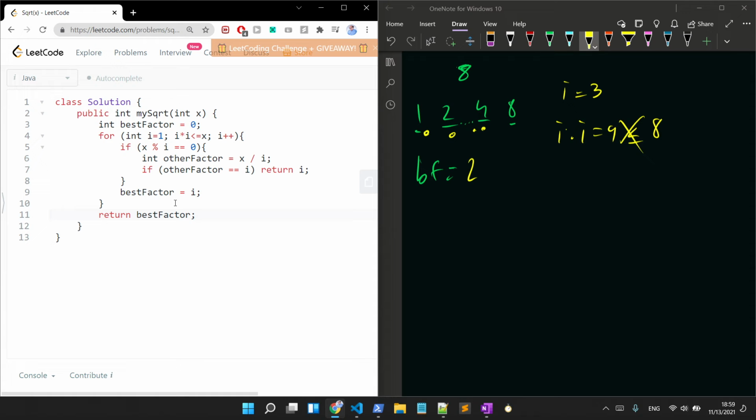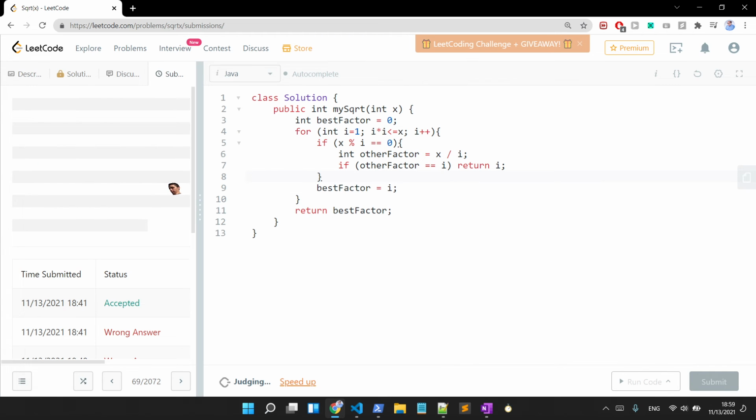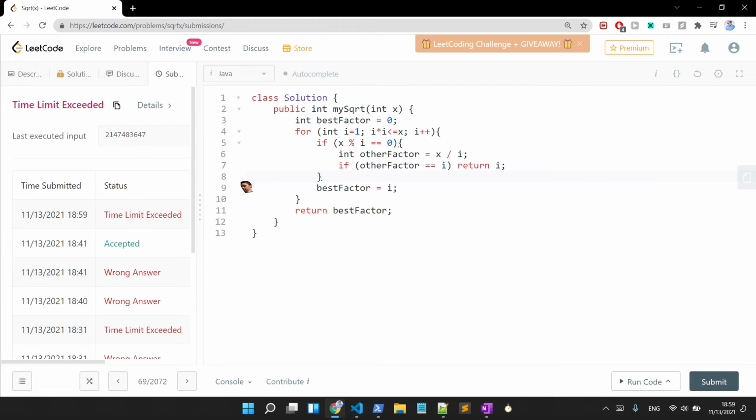Now one more problem is integer overflow, and I can show that by trying to submit this. We should get a failed test on the input of about 2,147,000 or whatever it is. See, this is a failed input, because here's why.